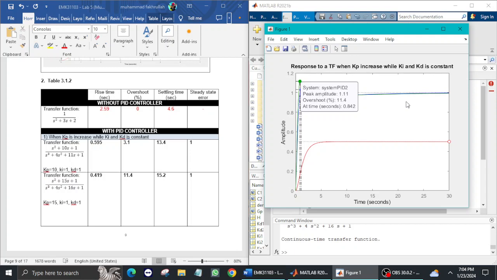For the overshoot of the transfer function, when KP is 15, and KI and KD equal 1, I get the value 11.4. And one more, when KP is 10, and KI and KD equal 1, I get 3.1.